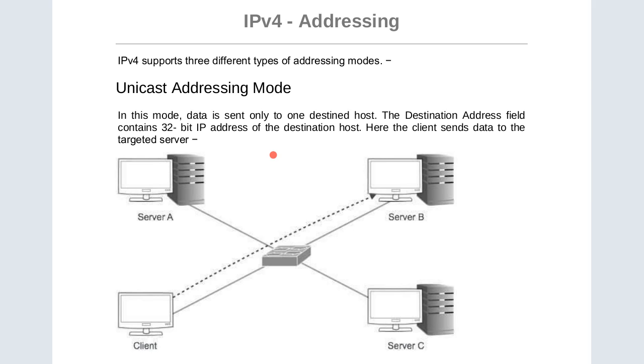Now, there are some concepts that we need to get right. When a machine wants to communicate on the network, there are several addressing modes that a machine is going to make use of. One of them is called unicast addressing mode. Unicast means one.